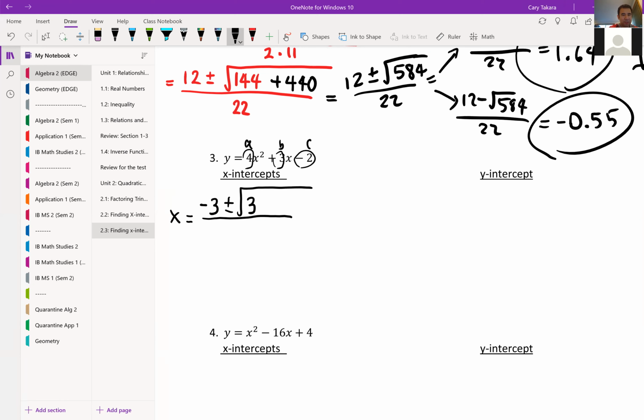Now this time B is positive, so I'm just going to do 3 squared minus 4AC over 2 times 4. Okay?